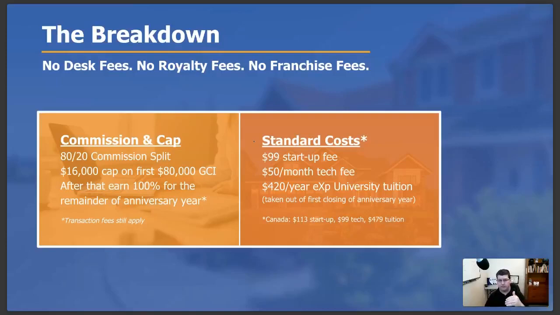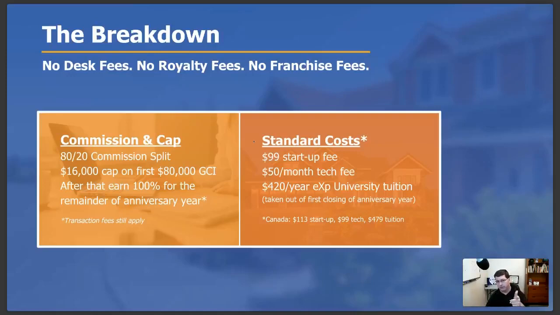Sometimes on 100% models, it's 100%, but you're paying a monthly fee or a desk fee or a royalty fee or a franchise fee or a forever fee, whatever they call it, marketing fees. So make sure that you compare those. eXp: no desk fees, no franchise fees, no royalty fees. Very transparent commission and fee structure.